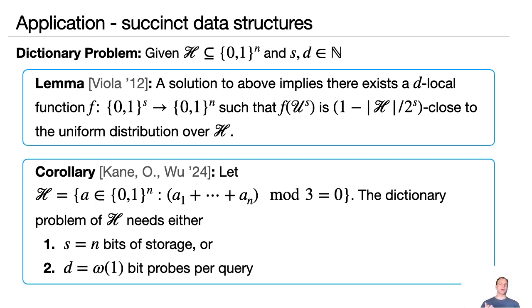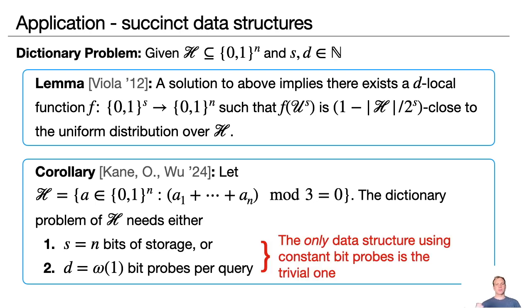You can combine this with any of our results, but as one example corollary, take H to be the set of all n-bit strings whose Hamming weight is 0 mod 3. Then this will tell us that the dictionary problem for H needs either n bits of storage, which is the trivial algorithm, or a super constant number of bit probes per query.